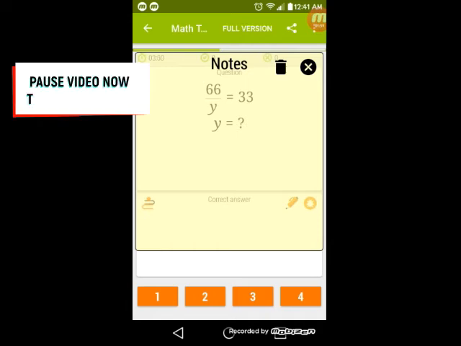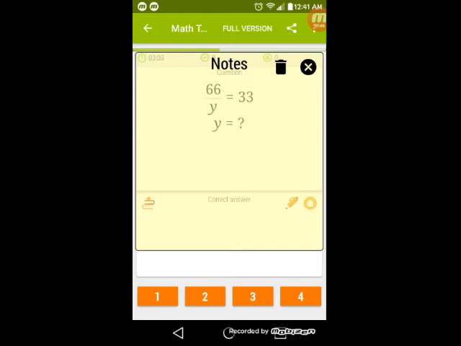Right? We really prefer y to be sitting by itself and not being the denominator. So we want to take this y and take it over this side, and instead of divide by y, it now becomes times y. Okay, so we have 66 is equal to 33y, or times y. 33y is exactly the same as 33 times y. Now what we want to do is get rid of the 33 from the right side.